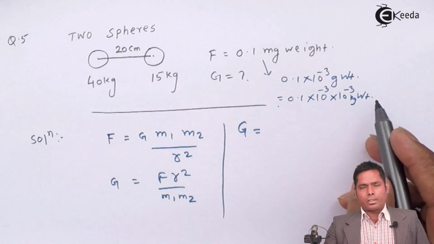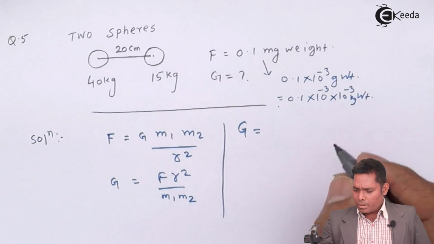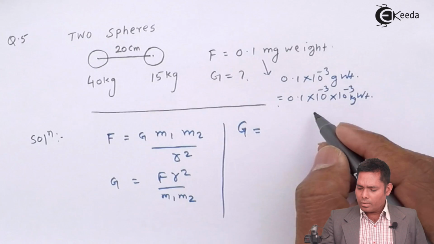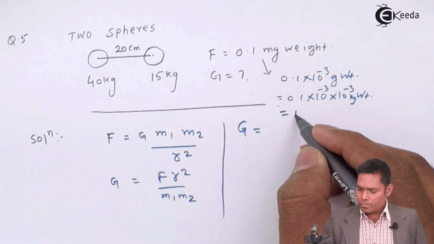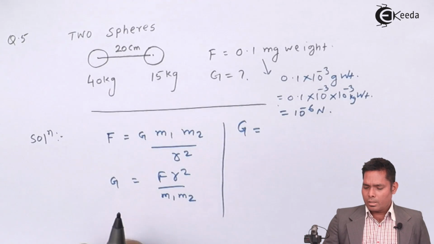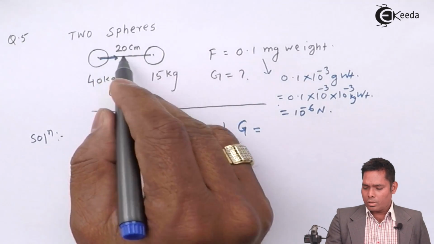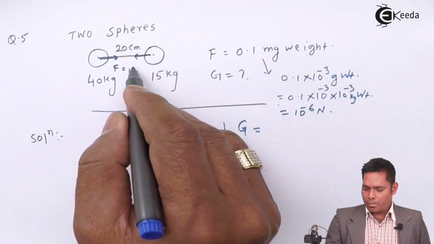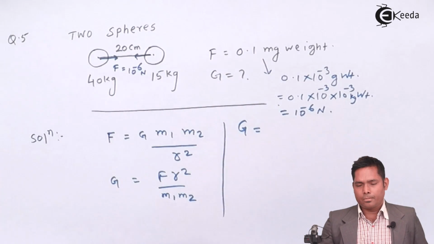I take acceleration due to gravity as 10, so I will multiply by 10. So this 10 into this 0.1 is 1. So it is 10 raised to minus 6 Newton. This is the force that this one is experiencing, or this one is experiencing. This force is 10 raised to the power minus 6 Newton approximately.